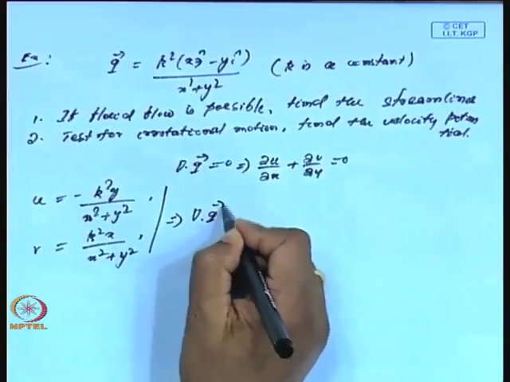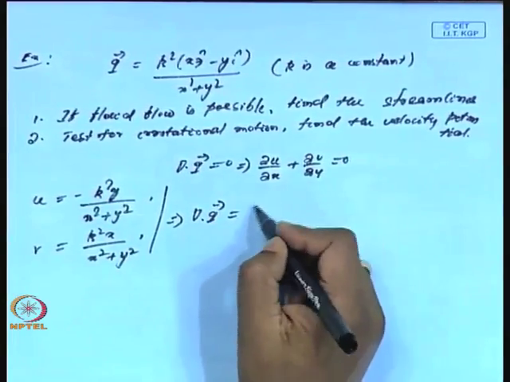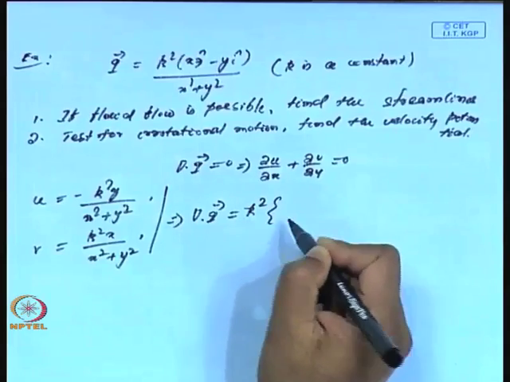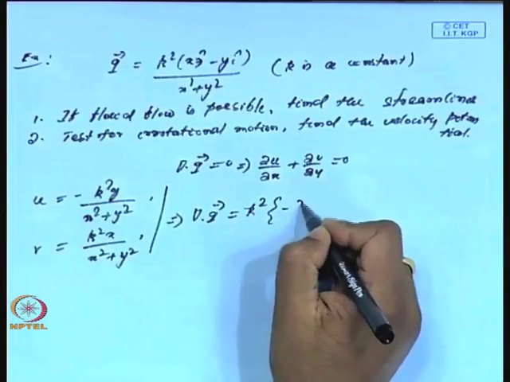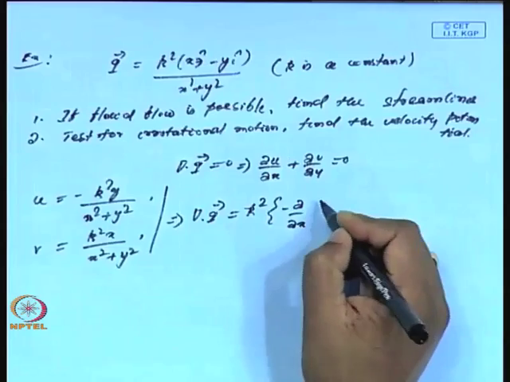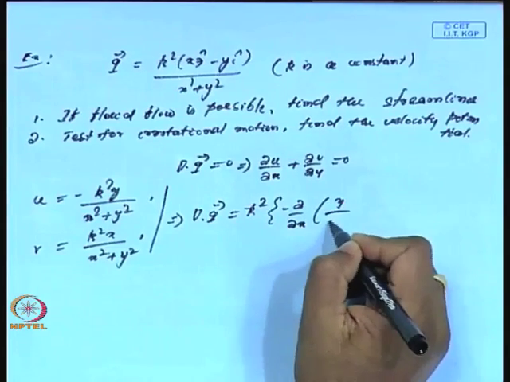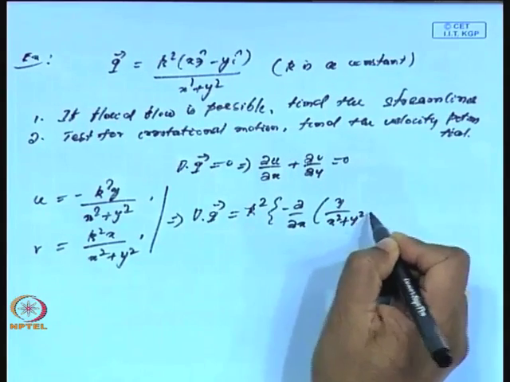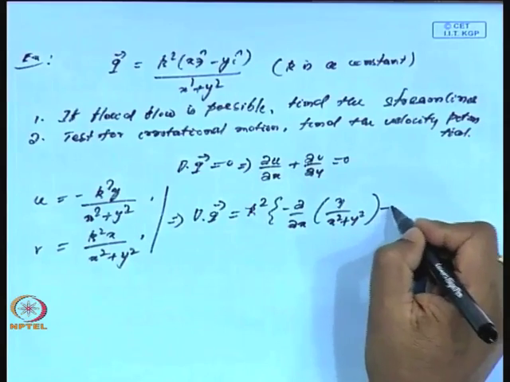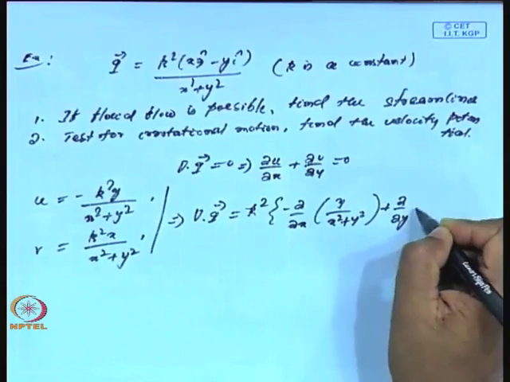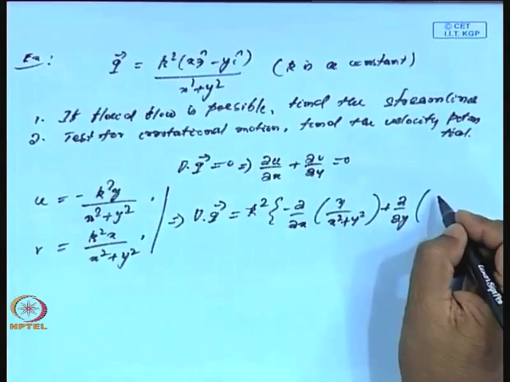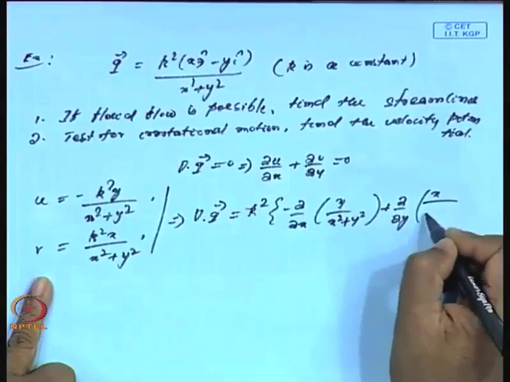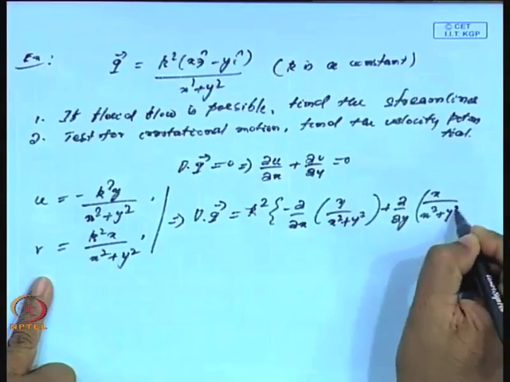Then del dot q bar will be k square times minus del by del x of y by x square plus y square, plus del by del y of x by x square plus y square.